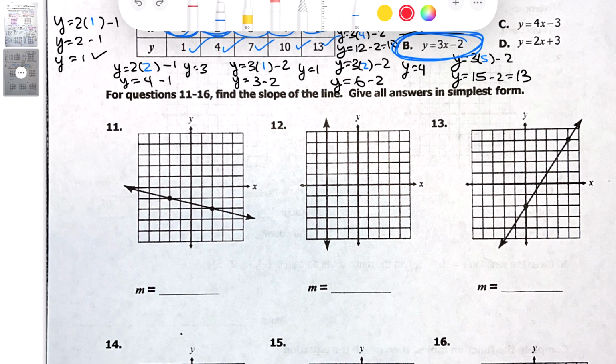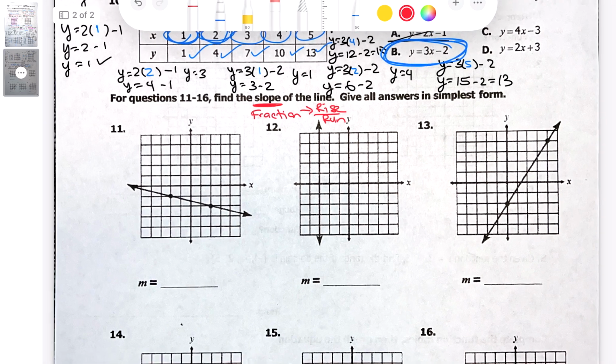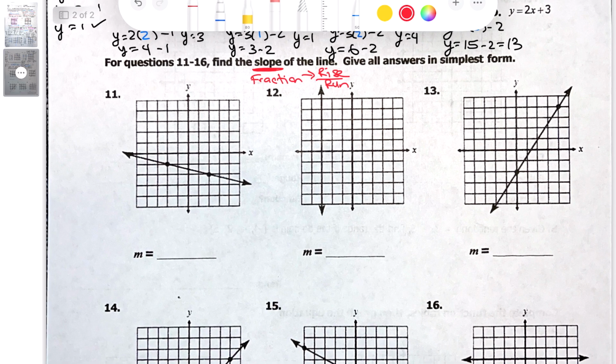So first of all, I did have a lot of students kind of forget, the slope of a line is a fraction, and it's rise over run. There's only one instance where we wouldn't have a fraction, we would have a word, and that's when we have an undefined slope, and that's when we have something that's straight up and down. We don't say that that's a slope, we just call it undefined.